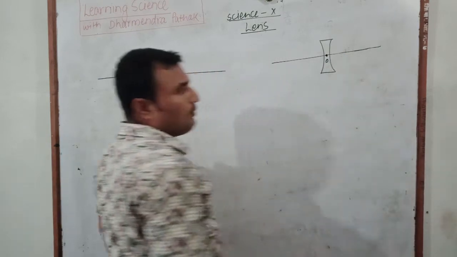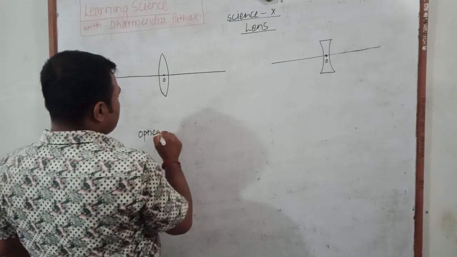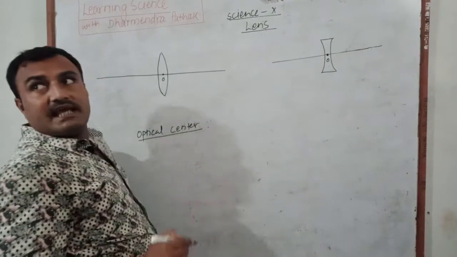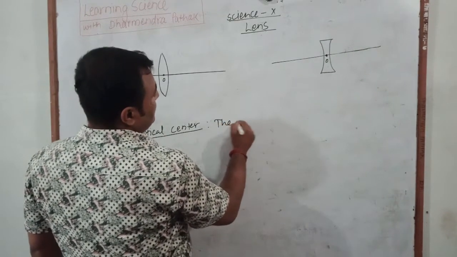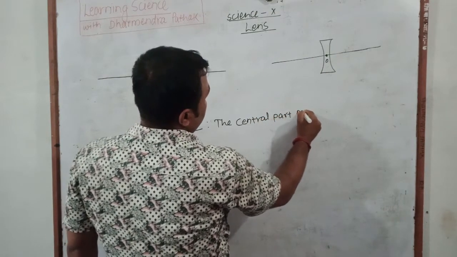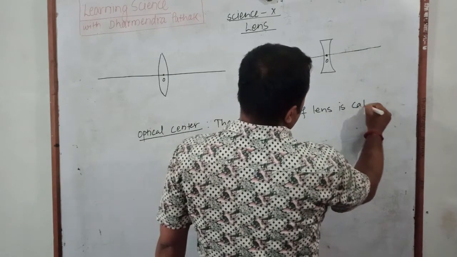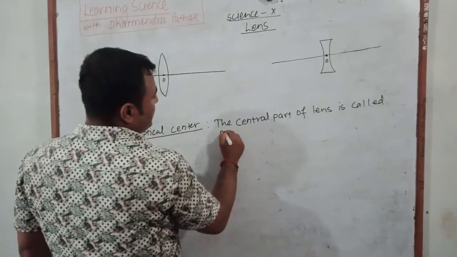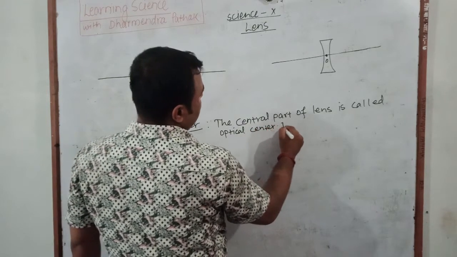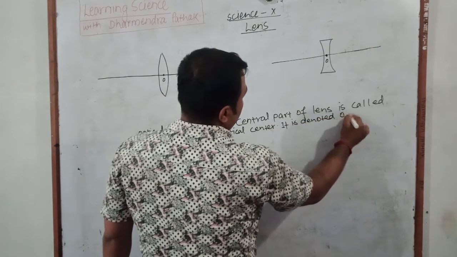It is denoted by O. And we define it as: the central part of a lens is called optical center. It is denoted by O.